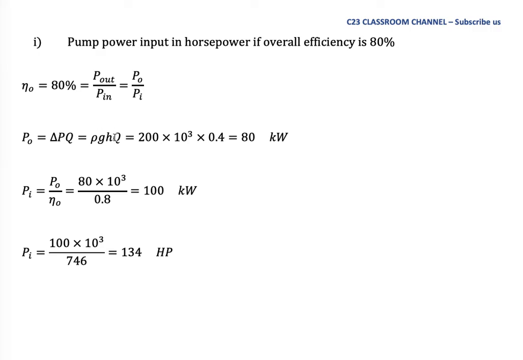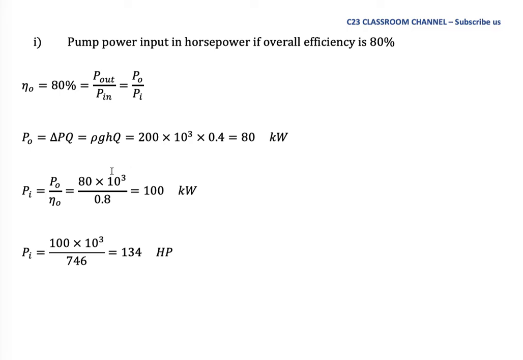We already know the pressure difference is 200 kilopascal, so we have 200 times 10 to the power of 3, and the flow rate is 0.4, so we have power output equal to 80 kilowatt. So this is the simple calculation to know the power output.